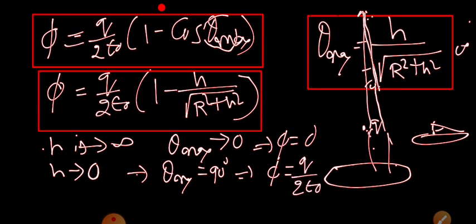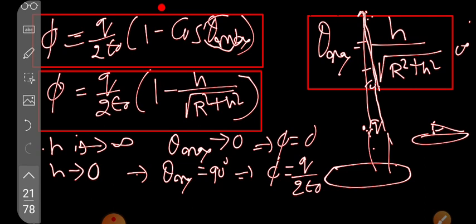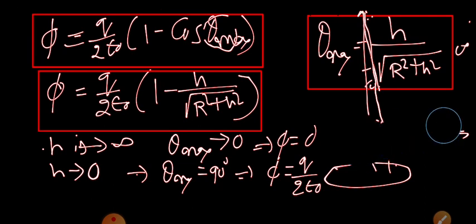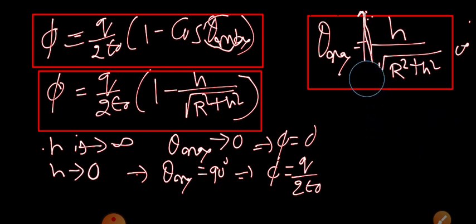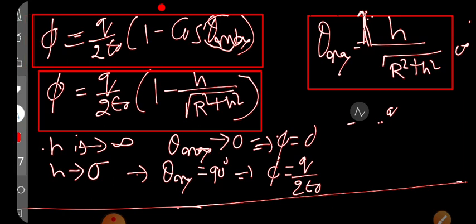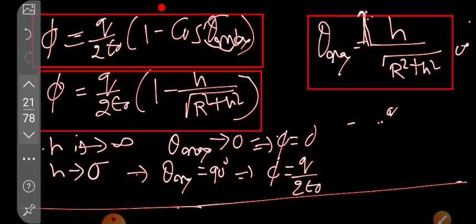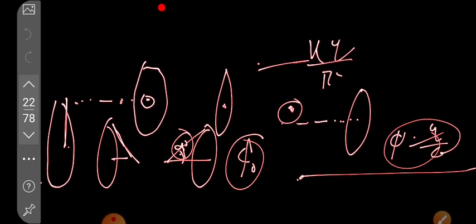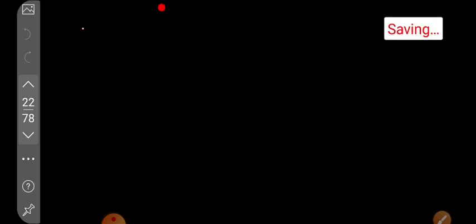We'll take another case also. If the charge particle is there, but our plate is very large, infinitely long, then this angle will be nearly 90 degrees. So if I take an example of an infinite plate, then theta max is equal to 90 degree.